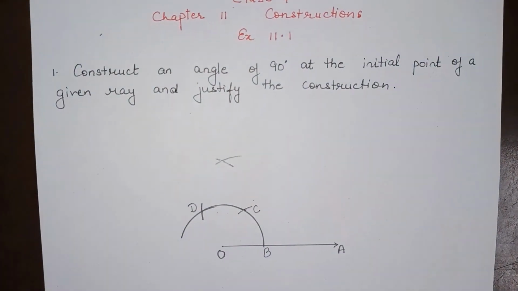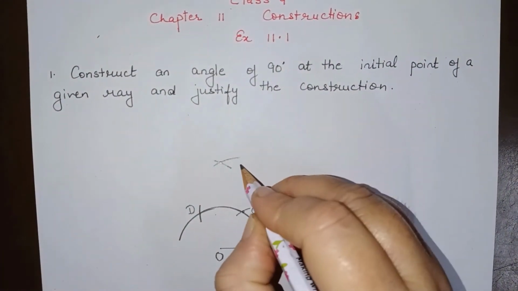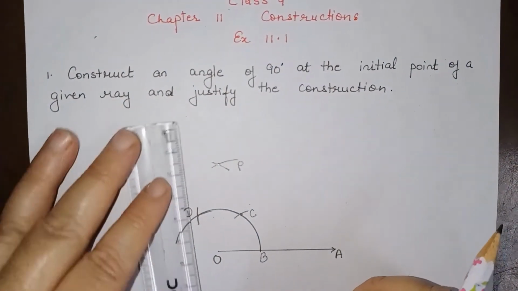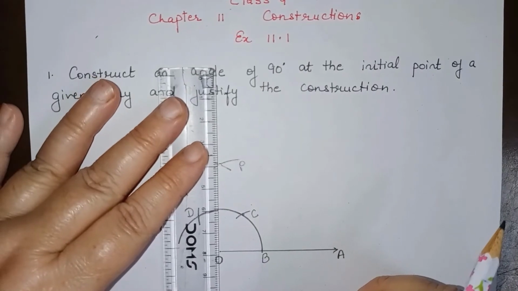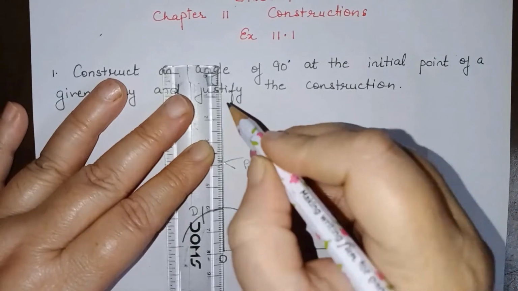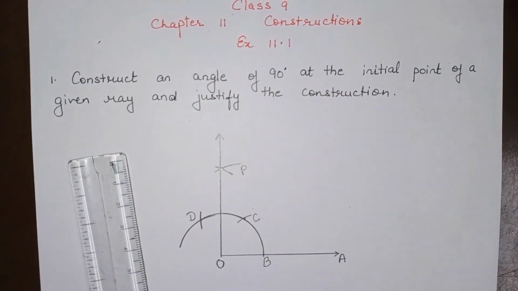Let these two arcs intersect here at point P. So this is point P. Now we can join O and P like this. So this will be an angle of 90 degree.